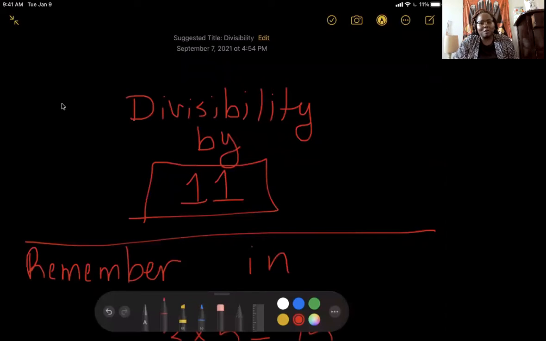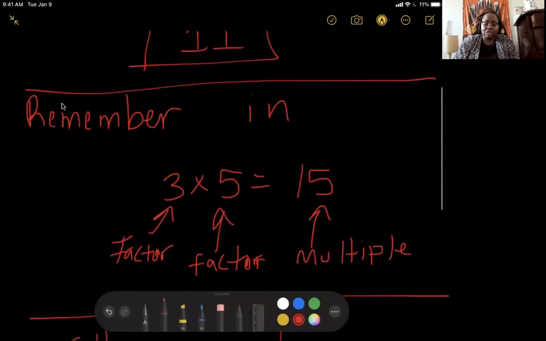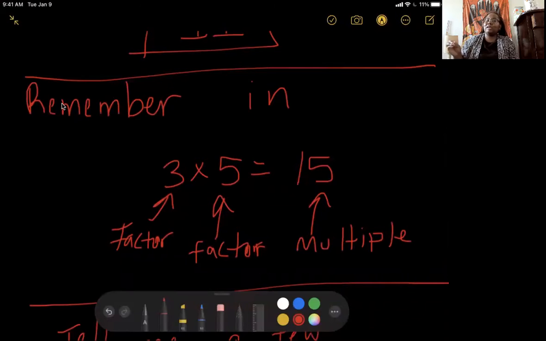All right, so today we're going to be talking about divisibility by 11. Just to review our vocabulary, because factor and multiple, we can switch the two up.